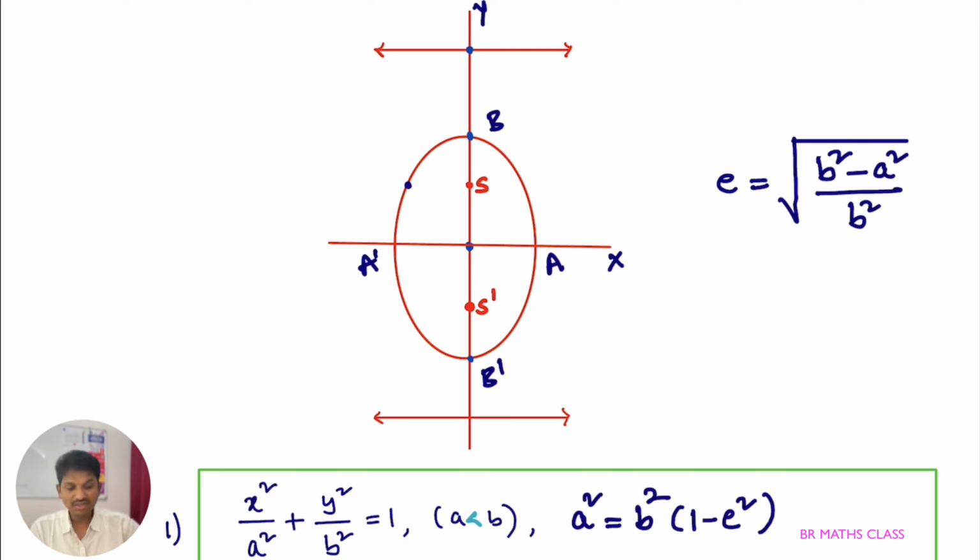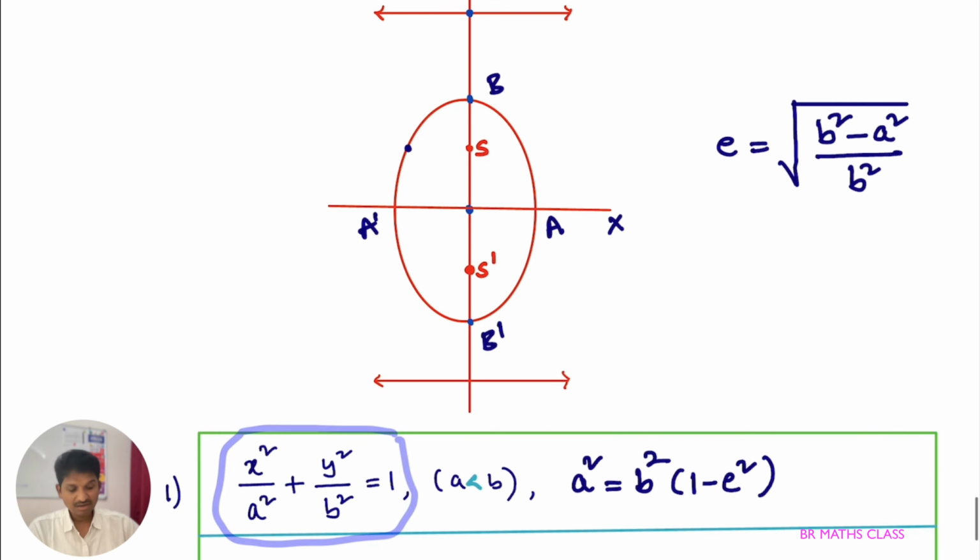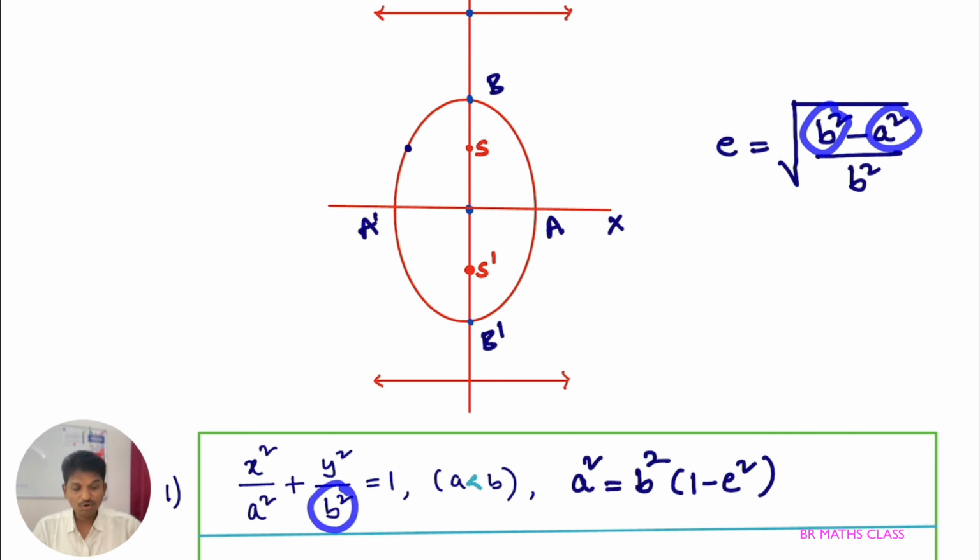Here you need to observe one thing. Instead of memorizing this, here a is less than b, means b is the bigger number, right? So the eccentricity formula is the bigger number whole square minus the smaller number whole square, divided by the bigger number whole square, all under the root. Otherwise, simply you can memorize it like this: eccentricity is root of bigger number minus smaller number divided by bigger number, right?